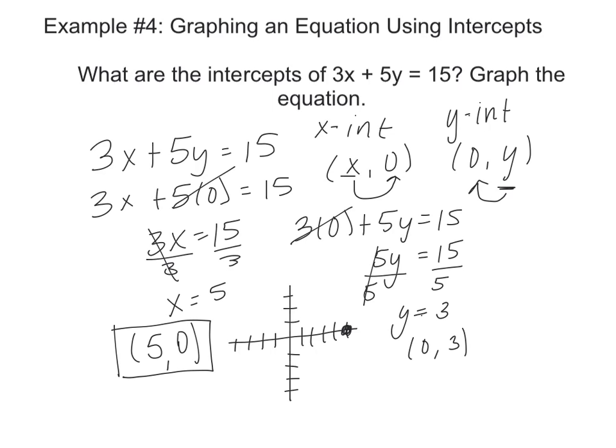So if I start at the origin, I'm going to go up 3, and here's my point there. Finally, I would just connect those two, go further, and draw arrows at the end. I know in class I always say 3 points make a good line, but remember, at bare minimum, 2 points do make a line, and in this case 2 points will make a line. So we have now found the x and y intercepts of 3x plus 5y equals 15.